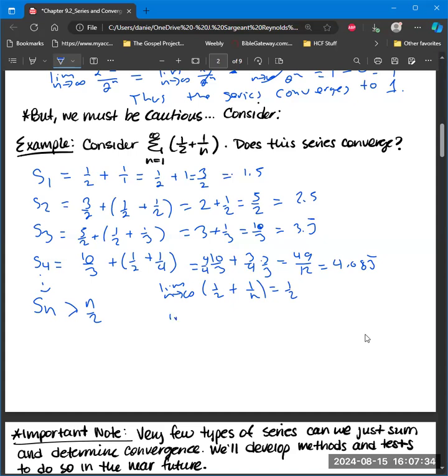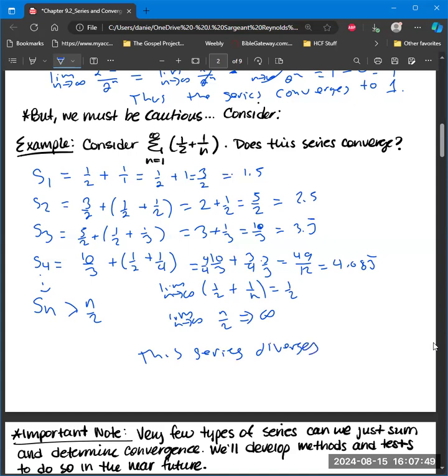Limit as n goes to infinity, n/2 goes to infinity. So this series diverges.